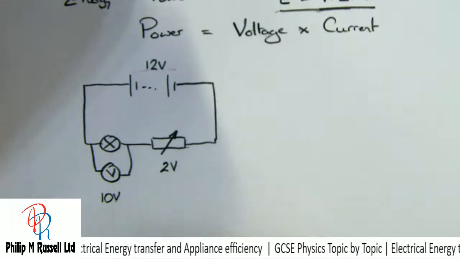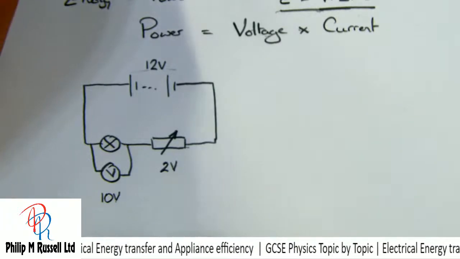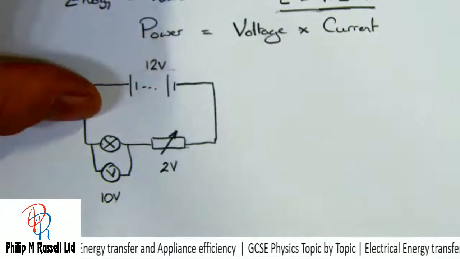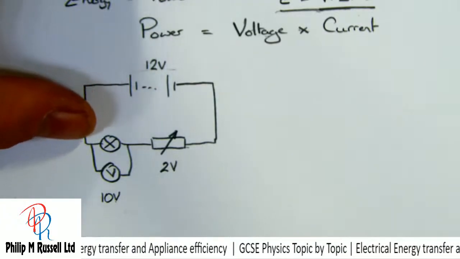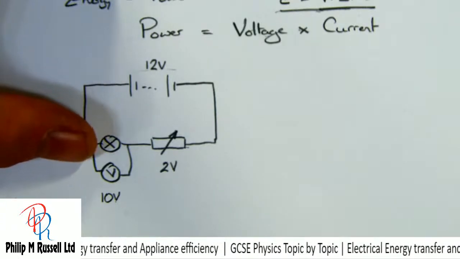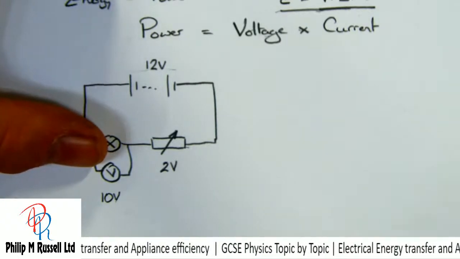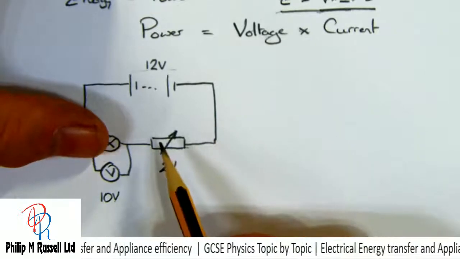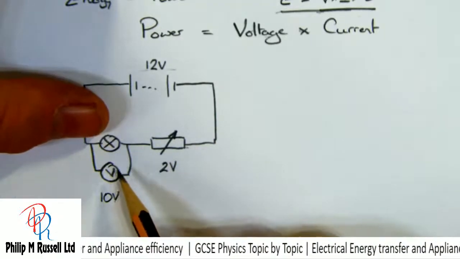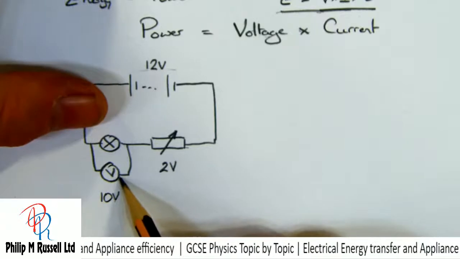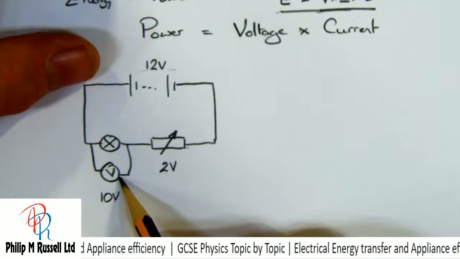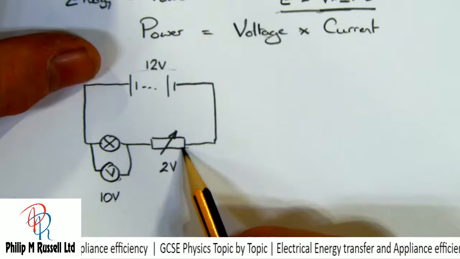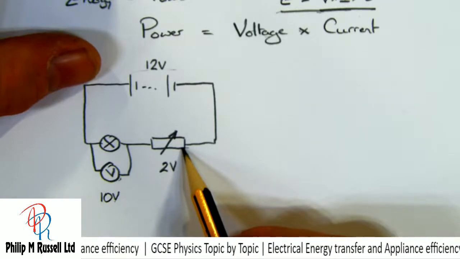For each coulomb of charge that leaves the battery, we've got 12 joules of energy, and that is going to be the charge times the potential difference. 10 of those joules will be used up here in the bulb, and 2 of those joules will be used here in the variable resistor.